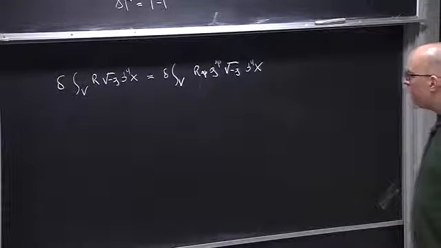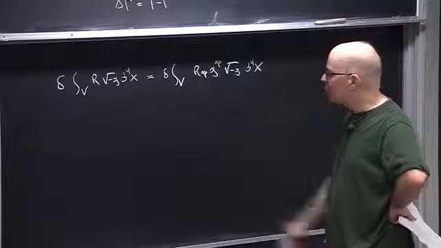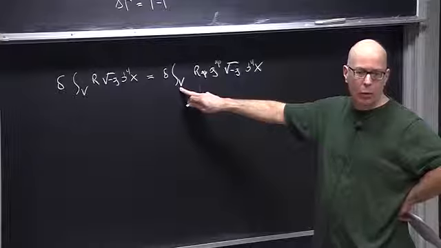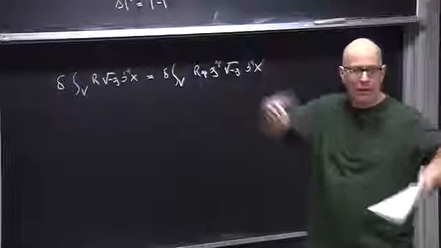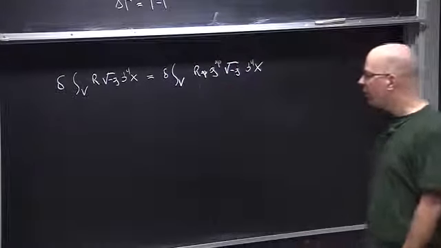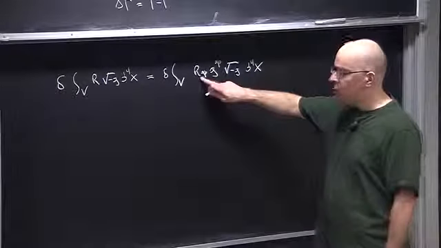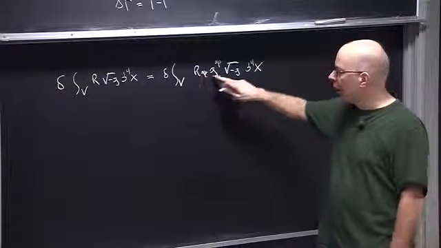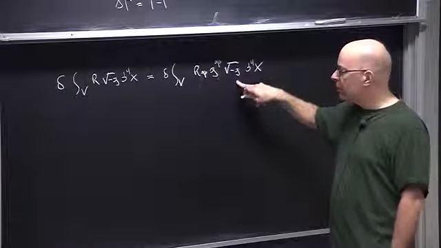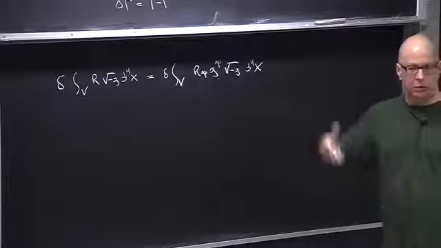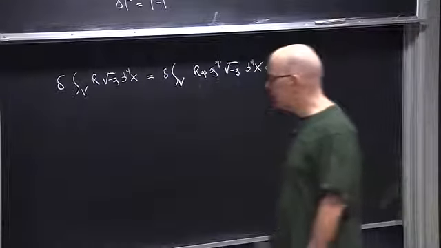So when I do the variation, everything changes except which domain of integration we work with, right? So the domain in space-time is not changing. The volume V is fixed. So everything else changes. The Ricci tensor certainly will change. The inverse metric, of course, changes. The metric determinant will change. So everything inside the integral is subject to variation, but not the integration domain itself.